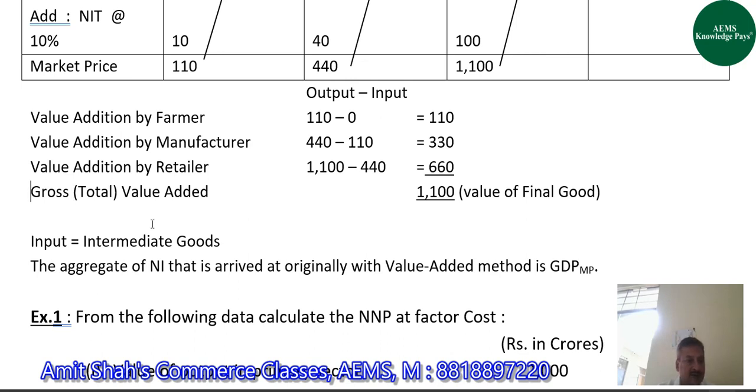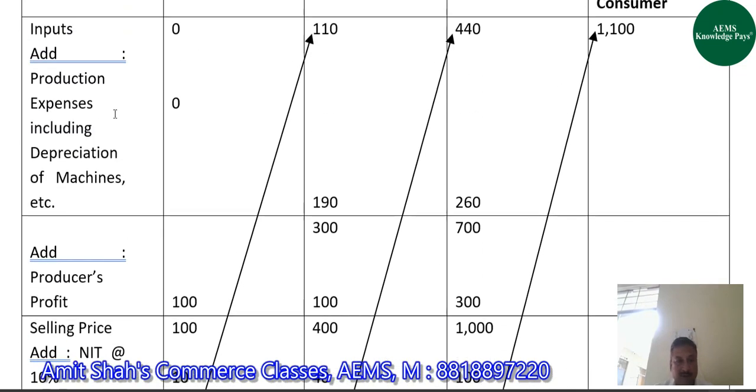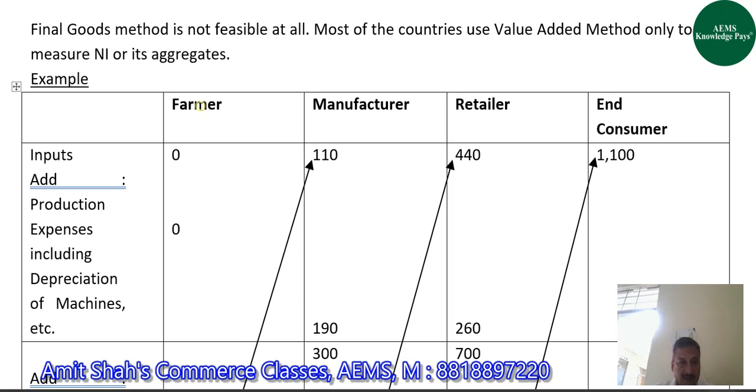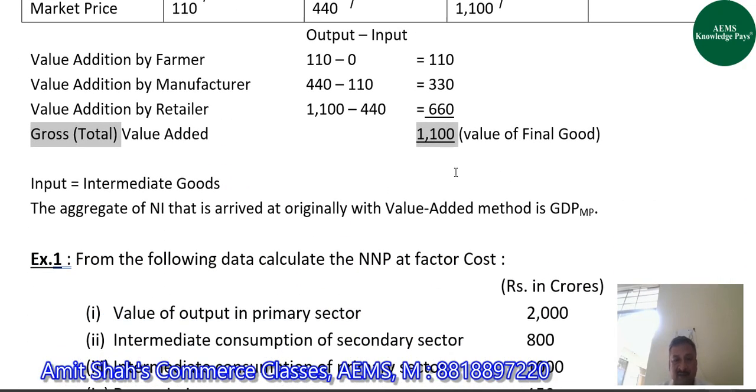Note this down, guys, as I have done it here. The total value addition by the farmer, that is the primary sector, then by the manufacturer, that is the secondary sector, and then by the retailer, that is the tertiary sector, is 1100 rupees, and that is gross value added.